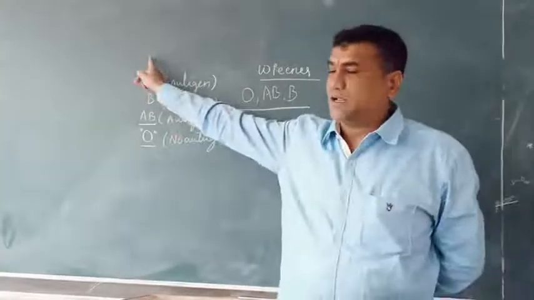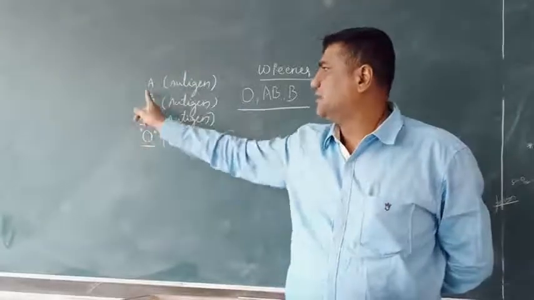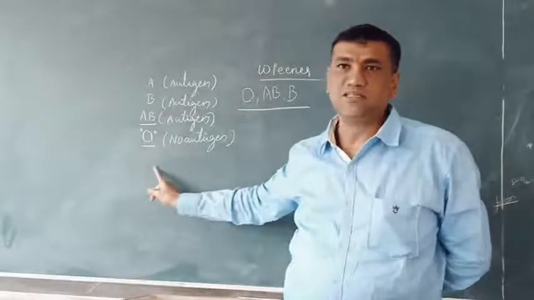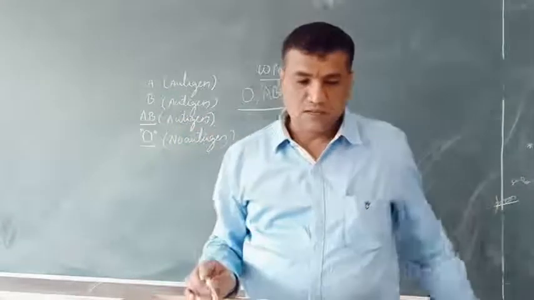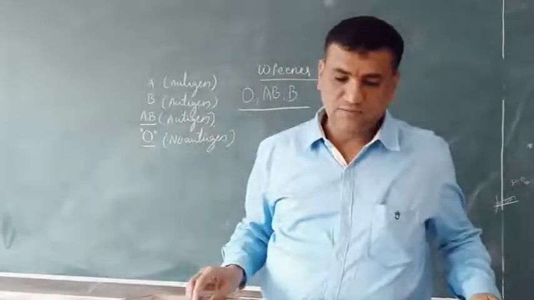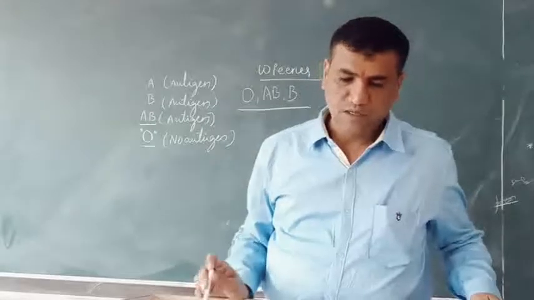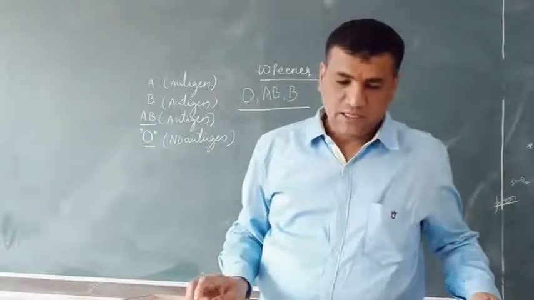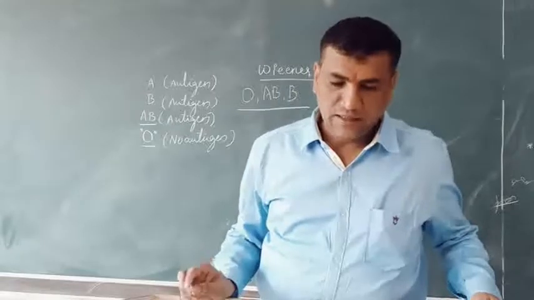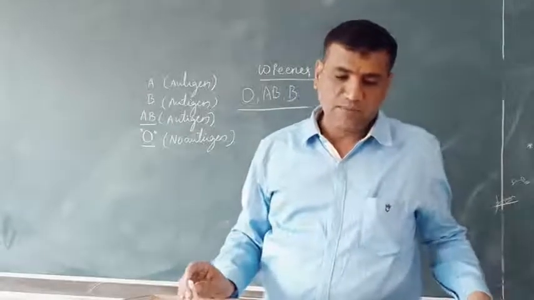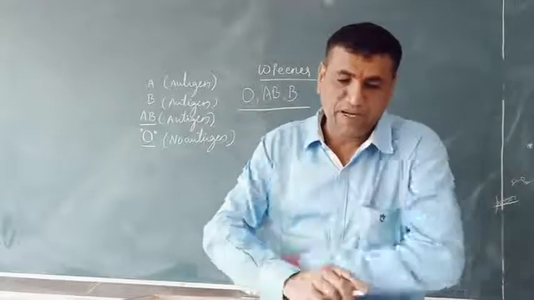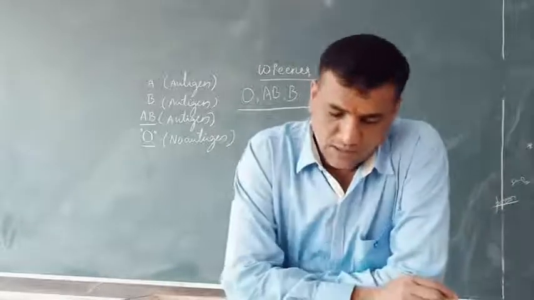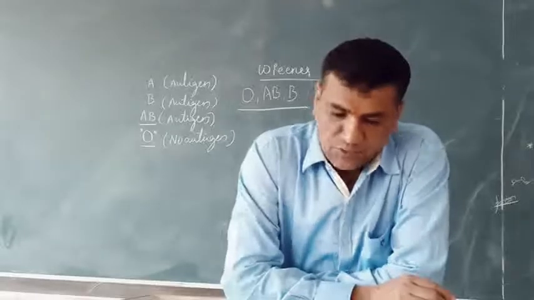But remember that whenever the antigen is there, that is the blood group, and in the case of O, no antigens. That's it. Here, antigen A and antibody B.